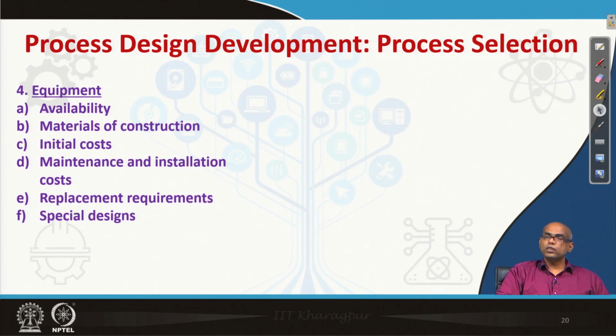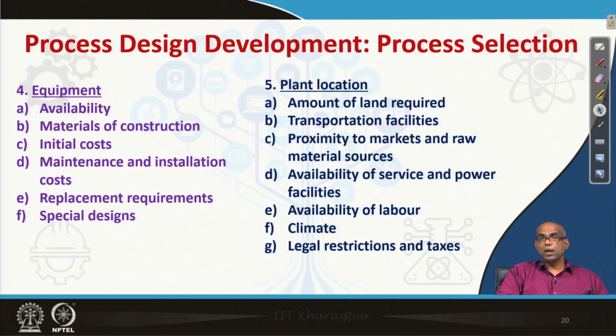Equipment will influence process selection: availability of equipment, materials of construction of equipment, initial cost, maintenance and installation cost, replacement requirements, special designs, etc. Plant location will have influence: amount of land required, transportation facilities, proximity to markets and raw material sources, availability of service and power facilities, availability of labor, climate, legal restriction and taxes.